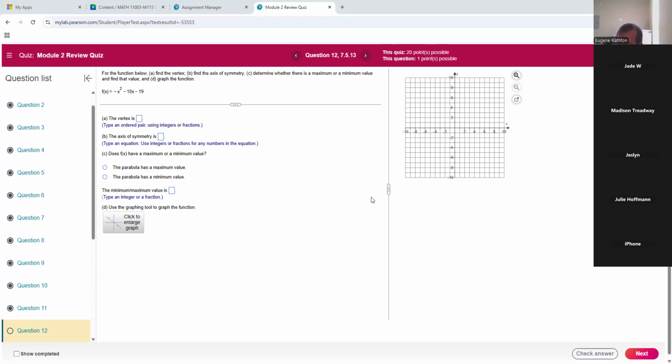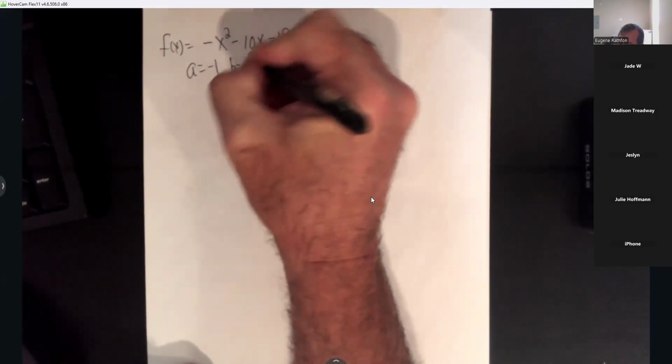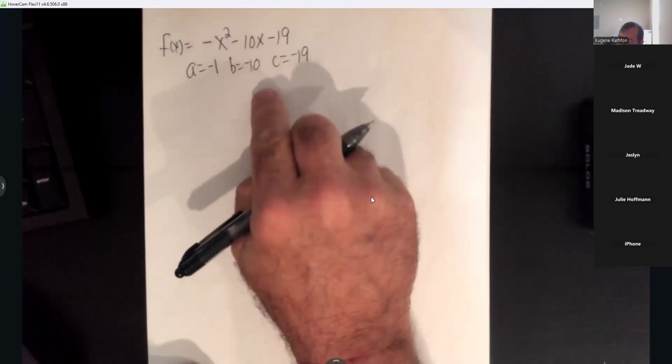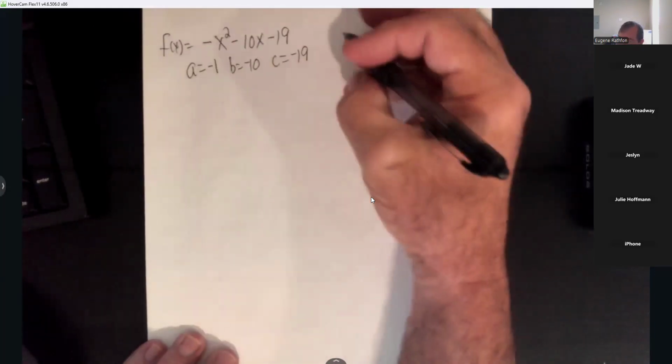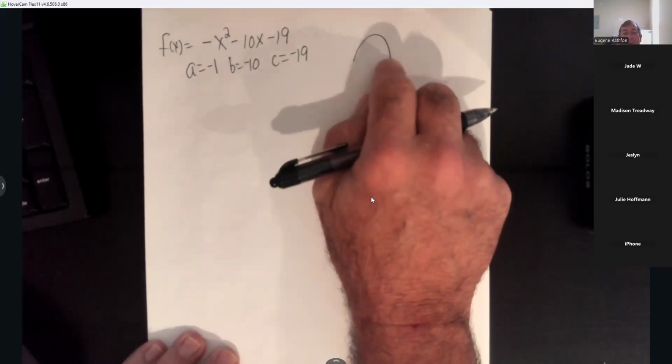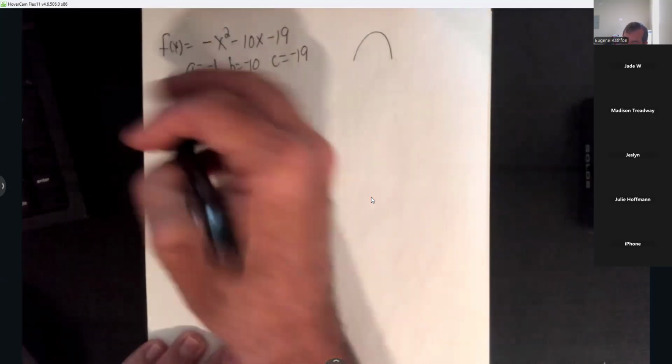Also on this one, since that's negative, a will be -1, b will be -10, and c, -19. Now remember, since that's negative, it's flipping the graph upside down and giving me a maximum this time, okay?